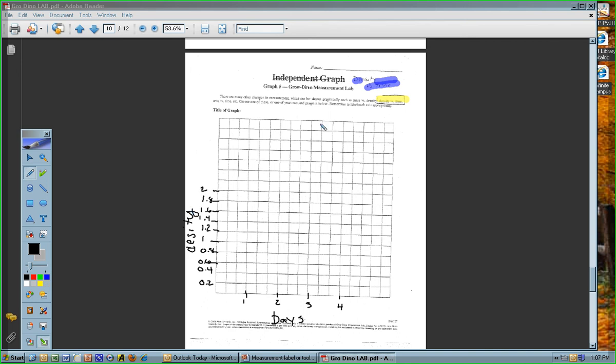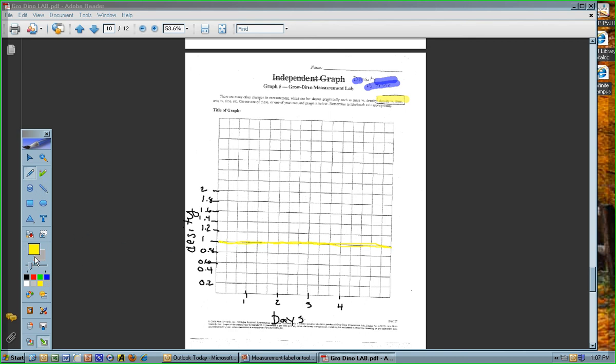Now I want you to do something a little bit unique with this graph, in that I want you to find a highlighter or something, and highlight a mark right around 1. All right? Right around 1.